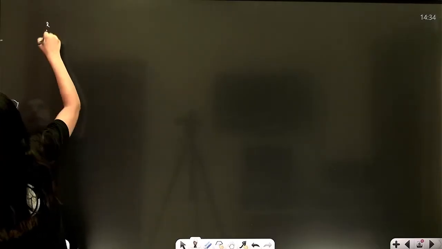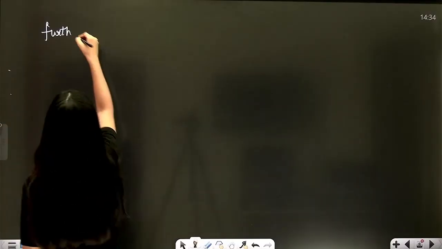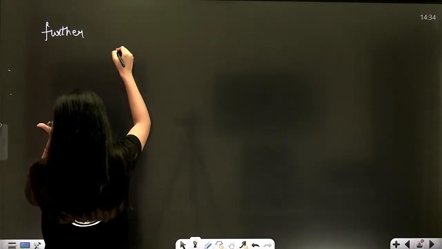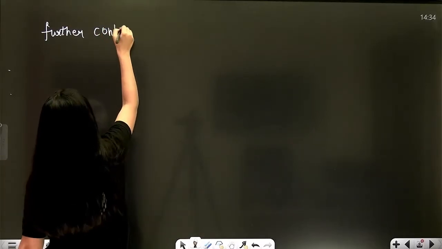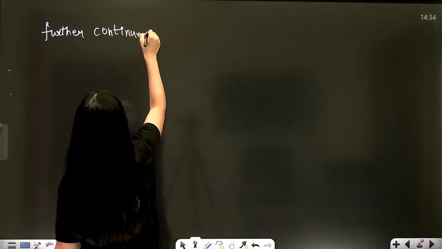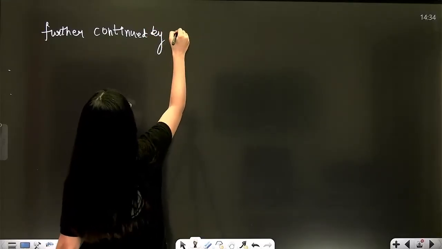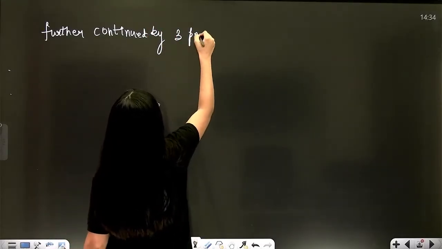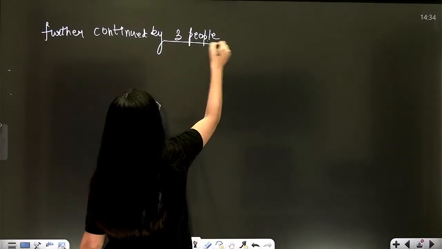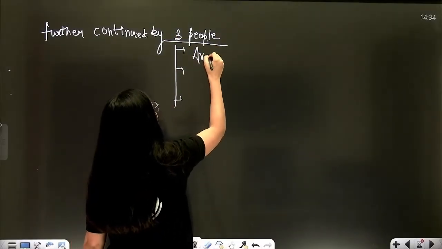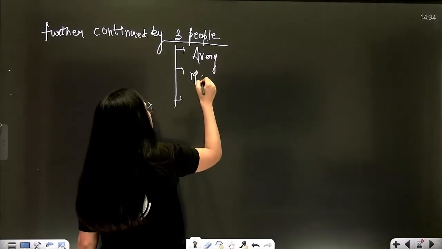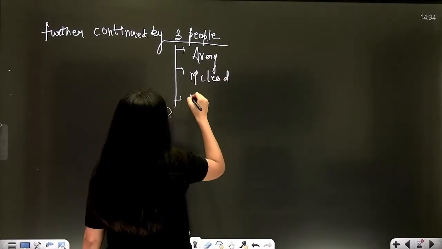So now we are going to check out how the experiment by Griffith was further continued by 3 scientists. Who were those 3 people who continued the experiment, beta? Avery, MacLeod and McCarty.